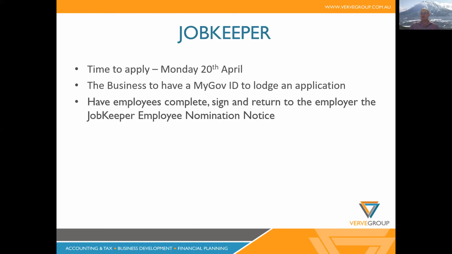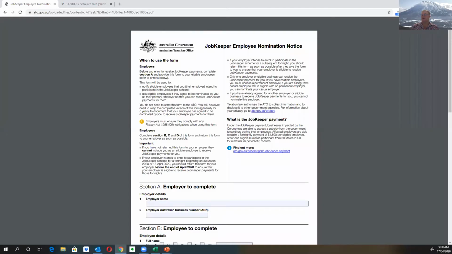The other thing is that employers need to give to their employees the JobKeeper employee nomination notice. Now, I do have an example of one of those here, which I'll bring up. These are available on the ATO website.